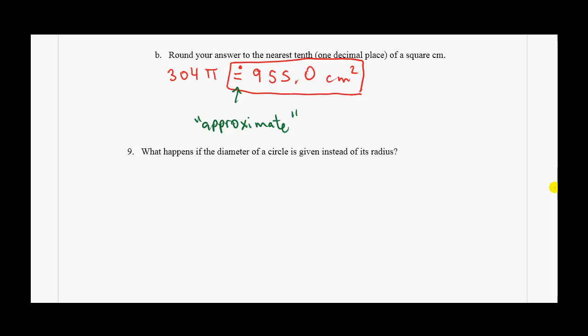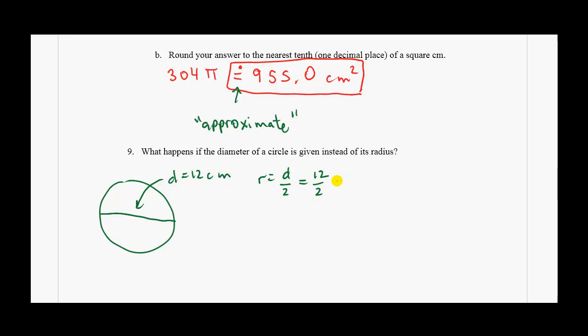What happens if the diameter of a circle is given instead of its radius? So let's say this diameter is 12 centimeters. Well, to get the radius, you would have to cut the diameter in half.